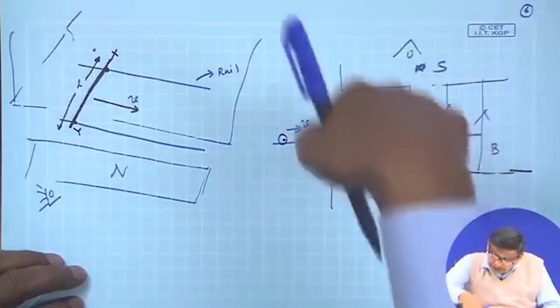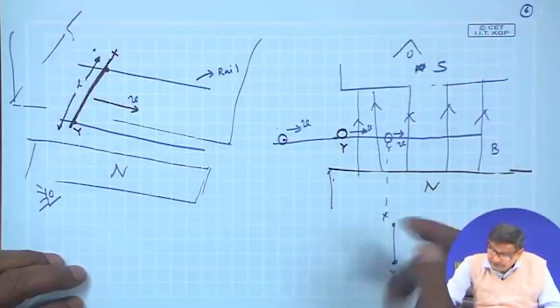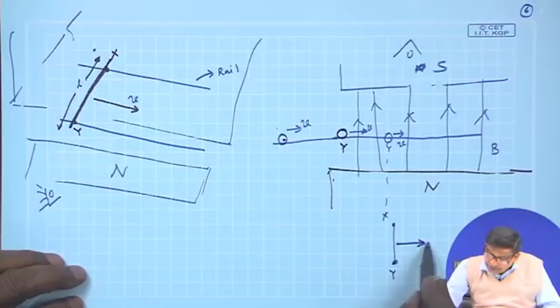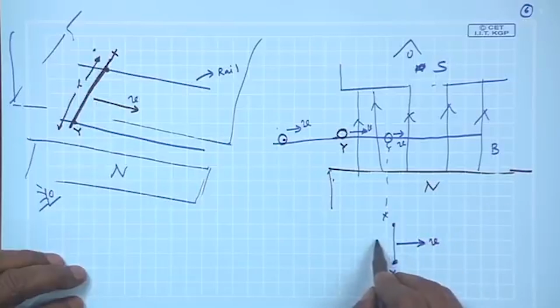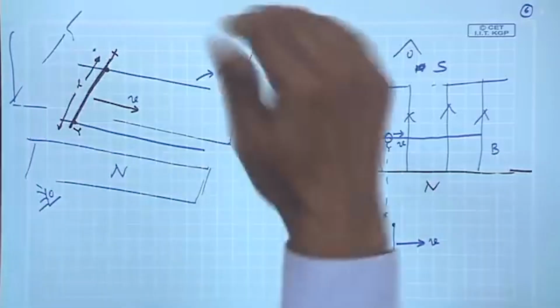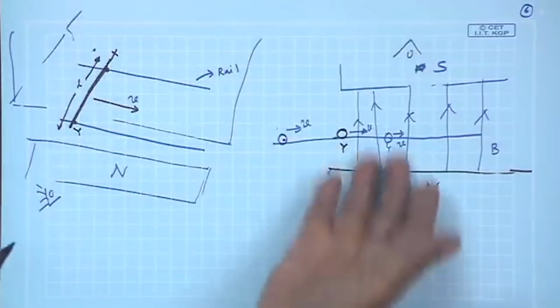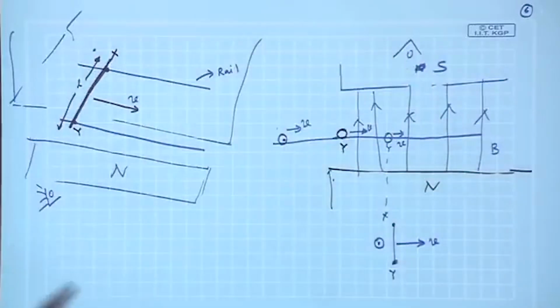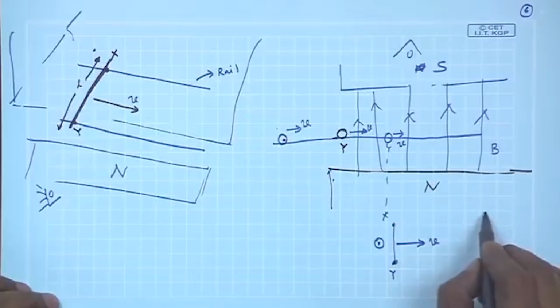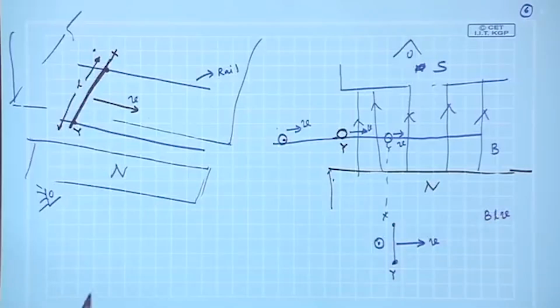If you look from the top plan view, it is moving with velocity v, and B is a dot here. So, if you look from the top, you will see lines of forces going up. In this case, the voltage induced here will be BLV. Now, what will be the polarity of the voltage?